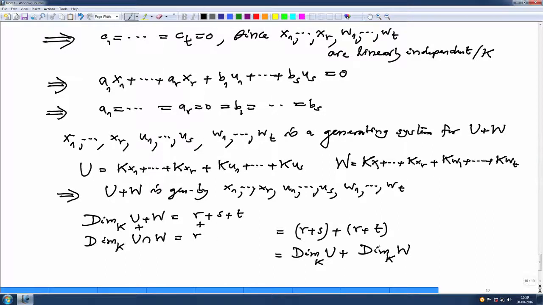So, that proves this formula also. So, it proves both together: u plus w is finite dimensional of dimension r plus s plus t, and the dimension formula holds. So, this completes the proof.